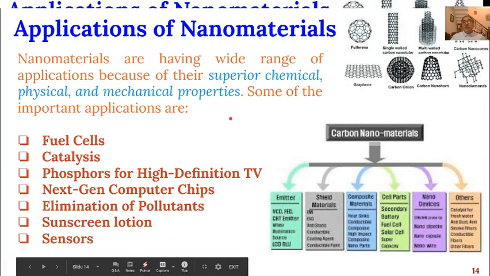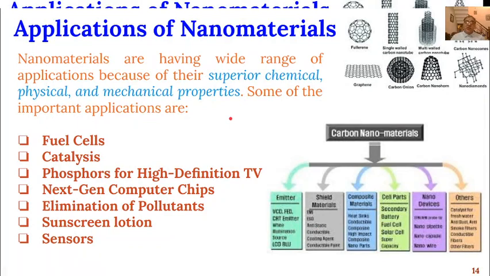Now, some of the important applications of nanomaterials, as I have told you, is that they have a wide range of applications because of their superior chemical, physical, and mechanical properties. And some of the important applications which are there for nanomaterials, they are used in fuel cells. They have been used in catalysis as catalysts. They have been used as phosphors for high definition television.